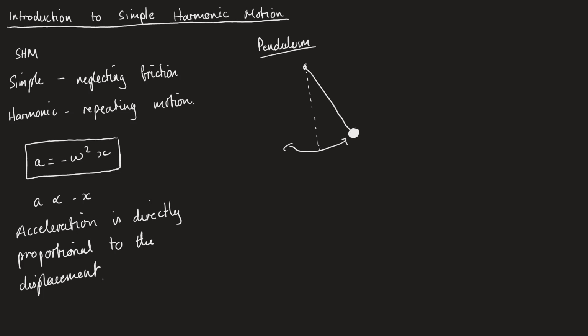Now this negative sign here comes because the acceleration and the displacement are both vectors, so the acceleration will always be in the opposite direction to the displacement. And so that's your second part. So the acceleration is directly proportional to the displacement, but always in the opposite direction.